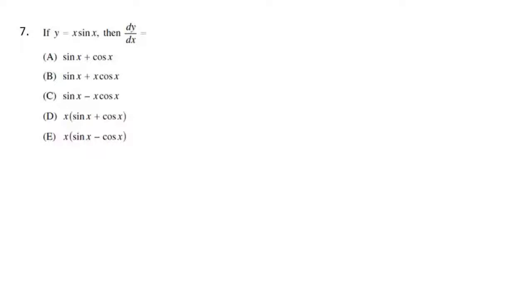Okay, and what about 7? How many times have we seen question 7? A bunch, right? And I keep on giving that just because I want us to make sure we understand what rule is used here. What rule? If we've got the product of 2 things, what rule do we need to use? Product rule, right? So it's going to be the first times the derivative of the second.